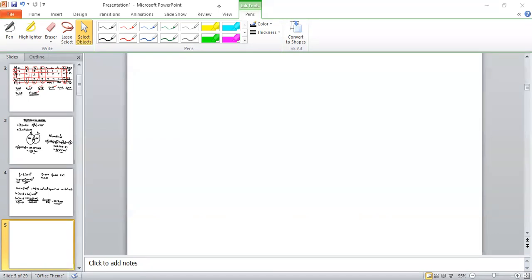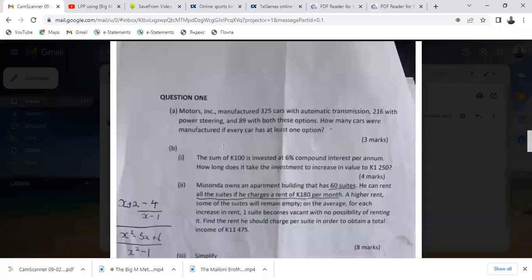Okay, so the next question, Musonda owns an apartment building that has 60 suites. You can rent all the suites if he charges a rent of 180 per month. At a higher rent, some of the suites will remain empty.